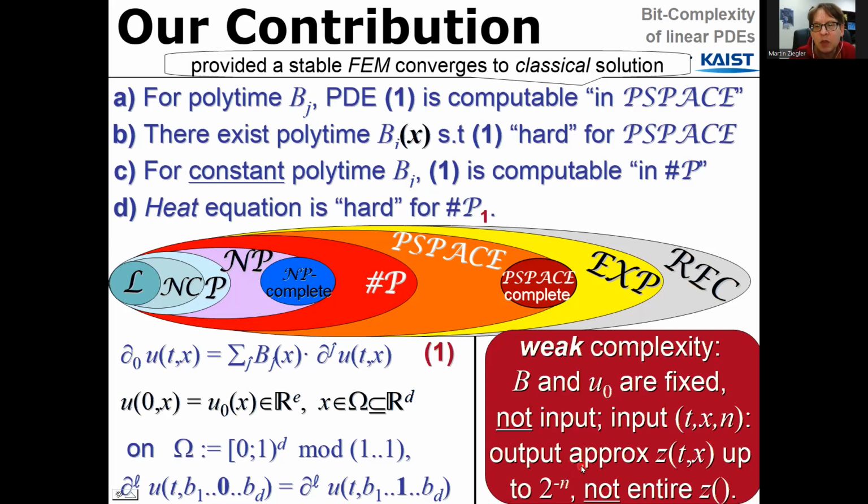Namely, the output is only an approximation of the solution u at this position in time and space, up to error 2 to the minus n. Again, we don't input functions, we don't output functions, we only output the function value at the desired position. And in this way, we can beat the exponential running time and get down to P space and even to Sharp-P.